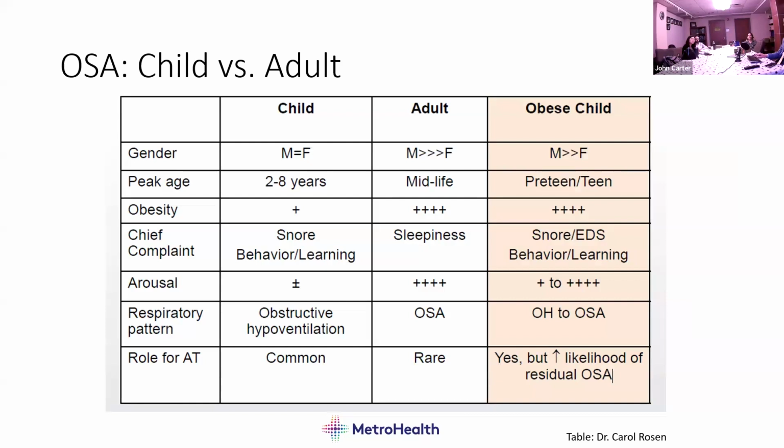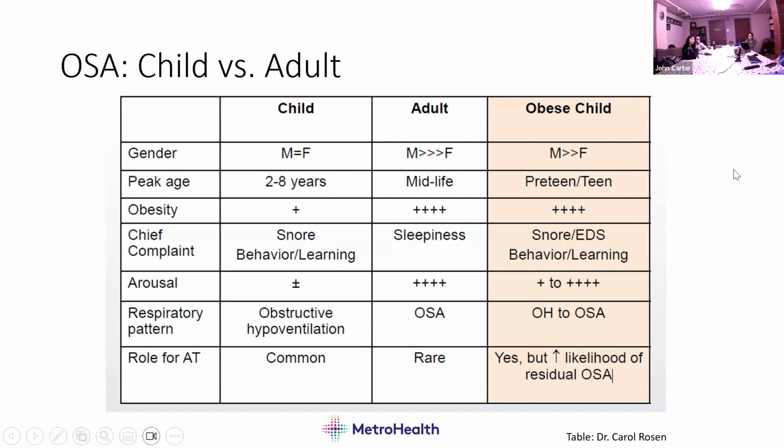Okay, we're getting close to the end here. Here's a table quickly summarizing the key differences between pediatric and adult OSA. The basic thing to pay attention to here, and we've known this for a few years now, is that children with obesity look more like adults with apnea than they do kids with apnea.